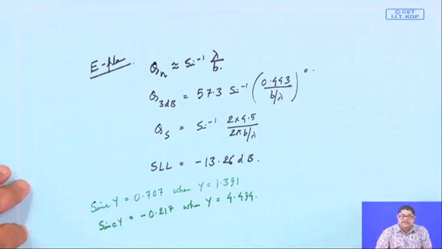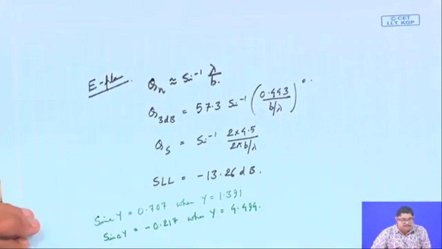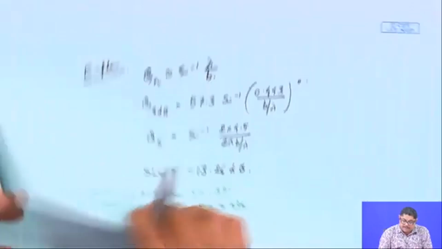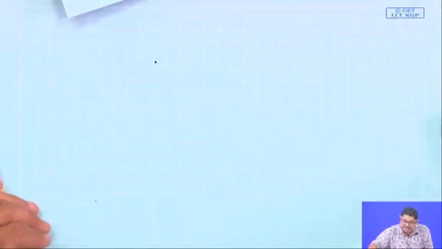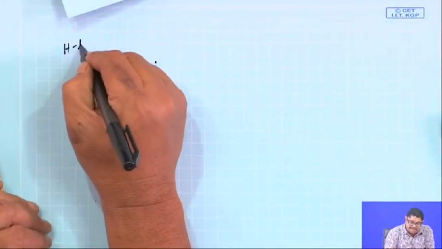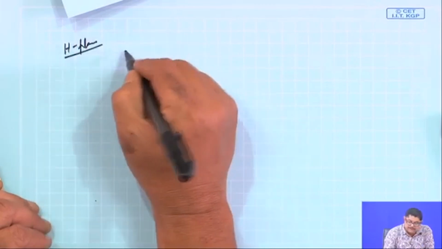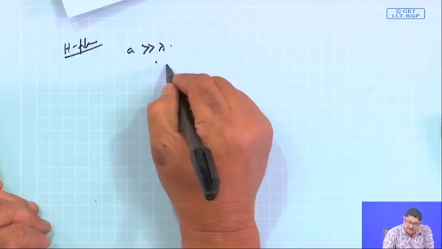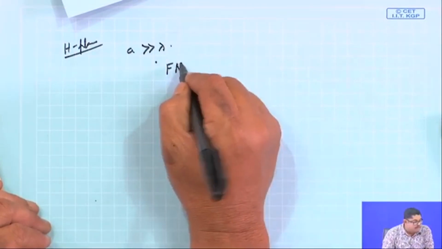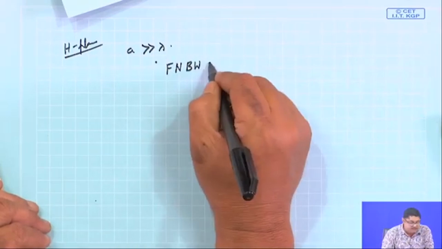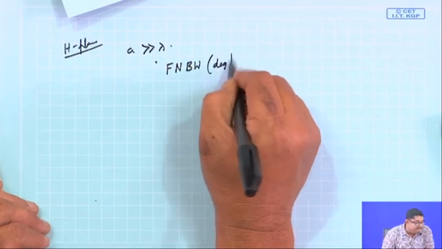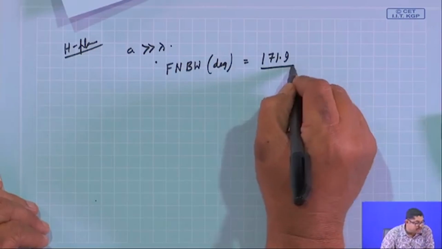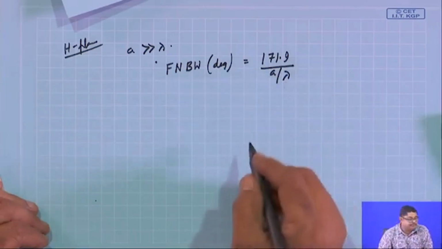Now, let me write the H plane things. The H plane, a greater than lambda. So, first null beam width in degrees will be 171.9 by a by lambda.